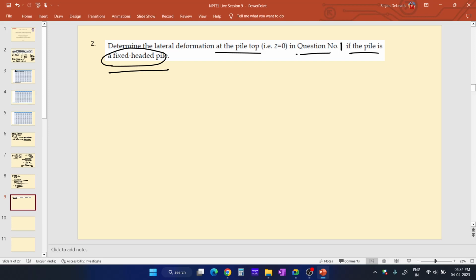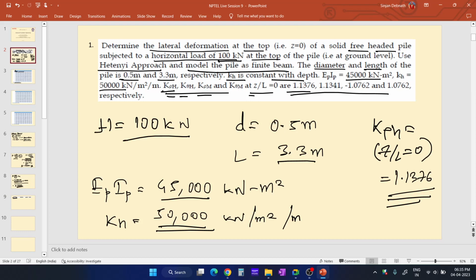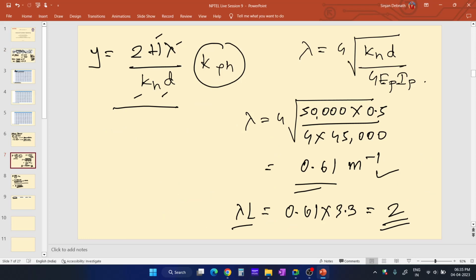We need to find out the deflection of the free-headed pile like we did in the earlier questions. In a similar way, you need to find out the free-headed deflection of the pile head. That is exactly what we have done in the previous question, where the pile was a free-headed pile and we found the lateral deflection of the pile head using this particular equation.